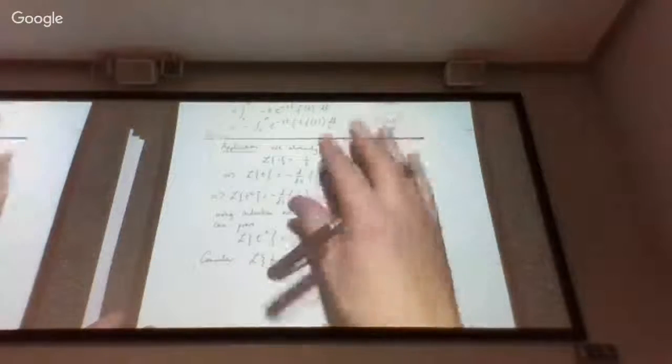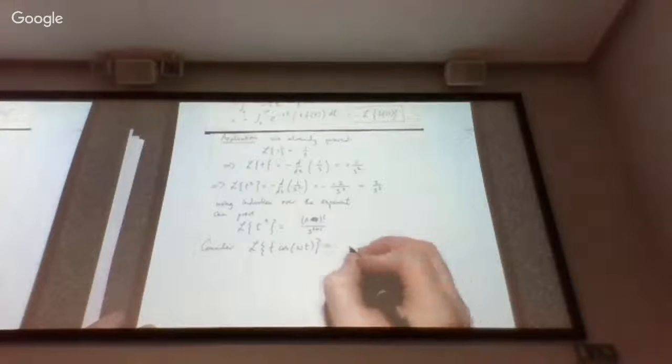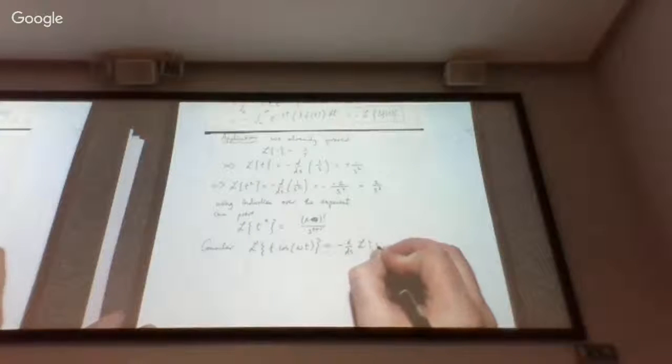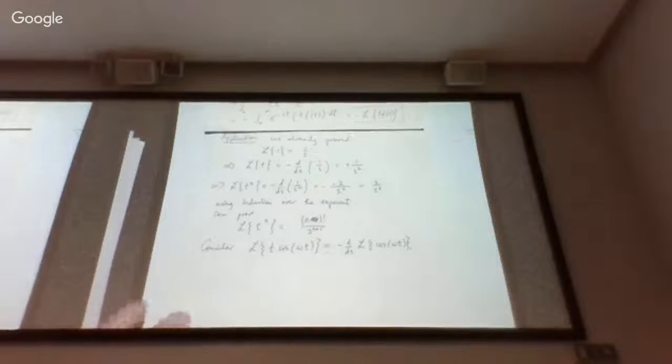Well, we can apply the theorem we've just proved by saying that this should be minus d/ds of the Laplace transform of cosine of omega t on its own. Omega, the Greek letter, is often used for frequency terms, as it is here, multiplying the argument of cosine.